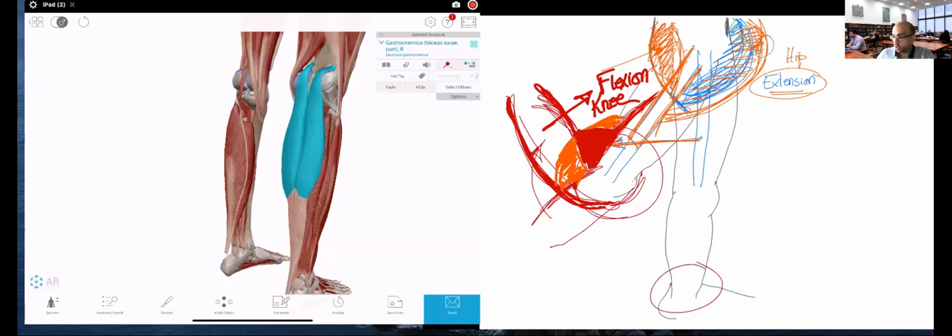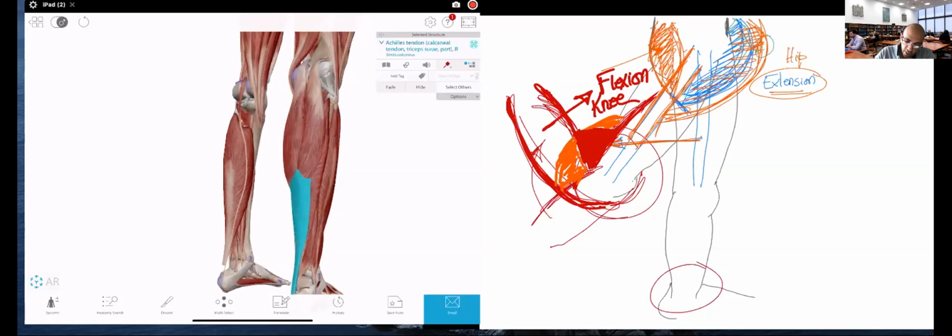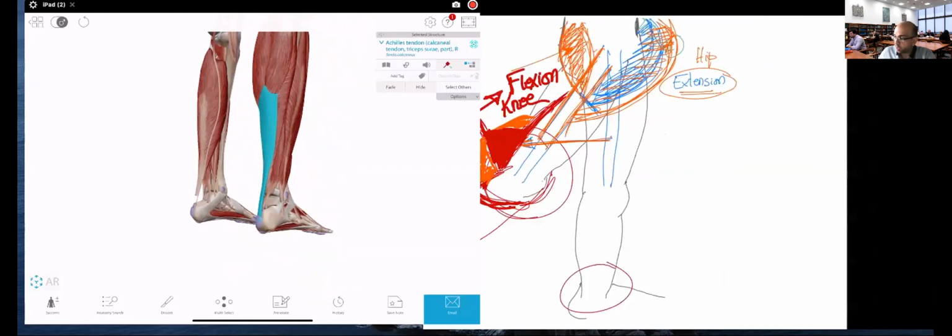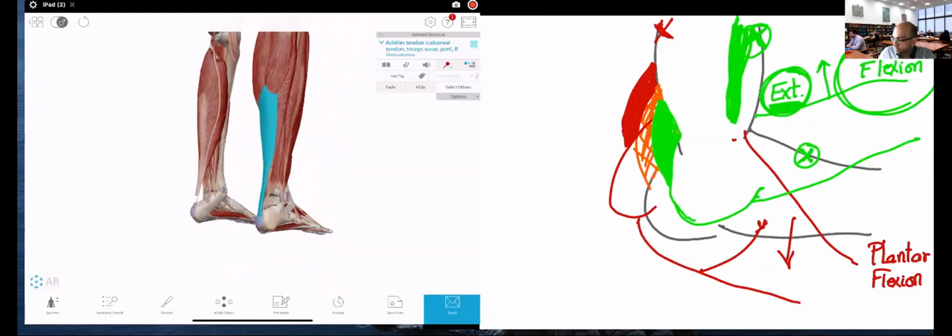Traveling behind the knee joint, you're helping with flexion of the knee. Exactly. And traveling here behind the ankle joint, you're pulling on the calcaneus. So you are located here in the posterior aspect, and you're pulling on the calcaneus.